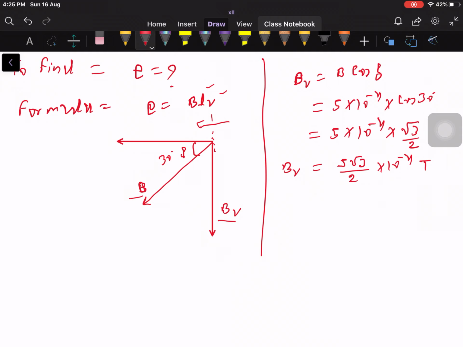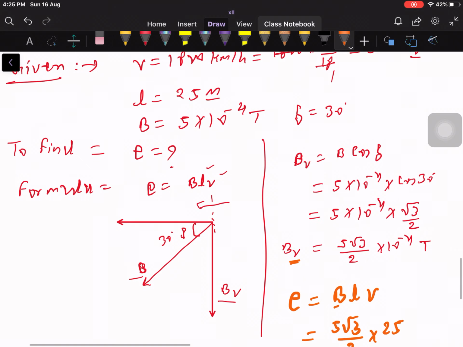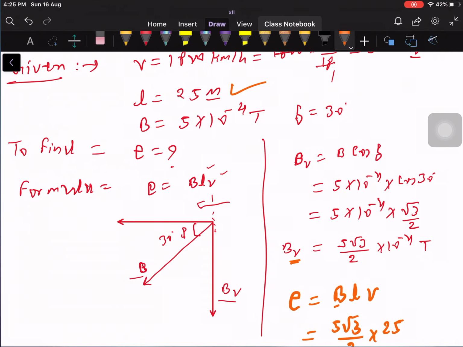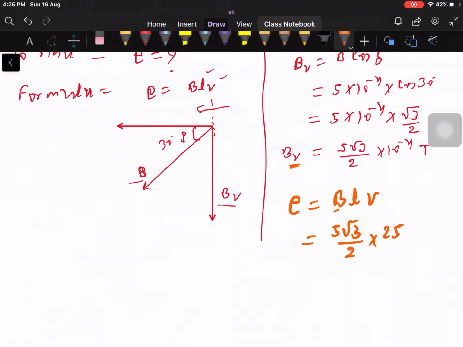Again use that same formula, E is equal to BLV. Now what is B here? That is this BV. Put the value of BV, 5 root 3 upon 2, into L, 25. We have discussed why 25. Then V, 500.